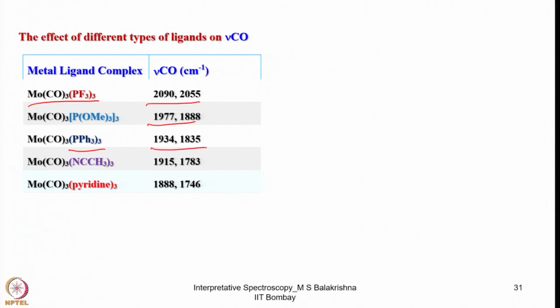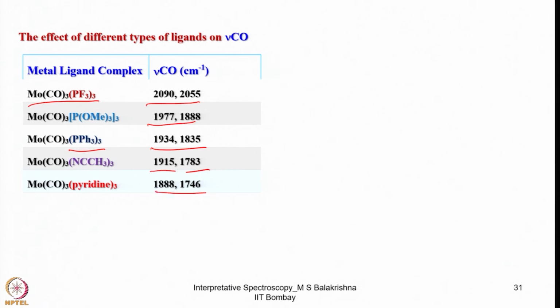Further it drops here. Then if you consider the tricarbonyl complex with acetonitrile, acetonitrile is only a sigma donor, and now only three carbon monoxide are there. It drops further because more back bonding happens to the remaining three carbon monoxide groups. And in the case of pyridine also, it is relatively much lower.